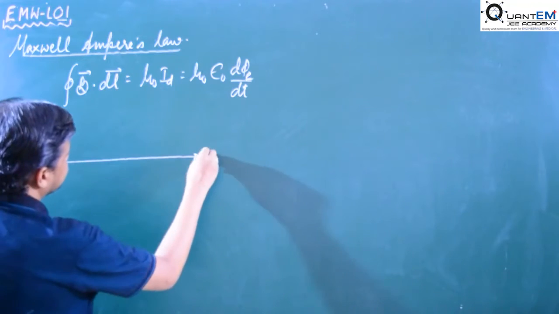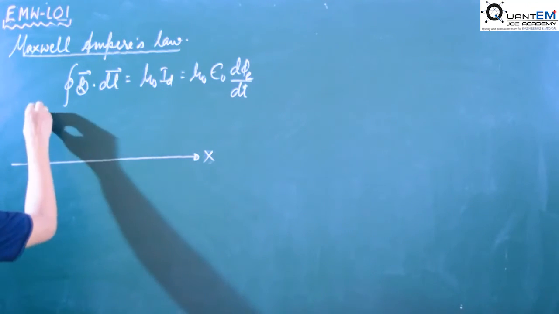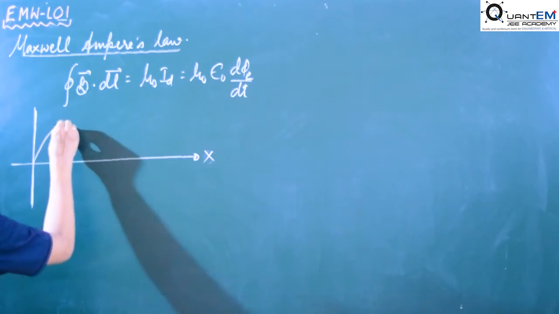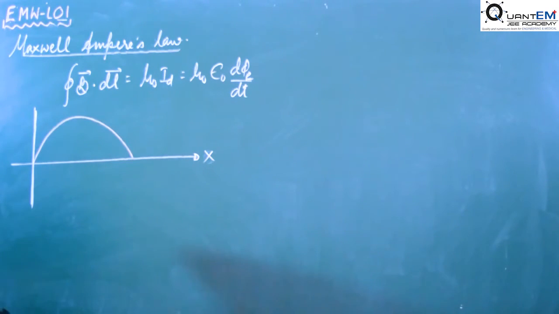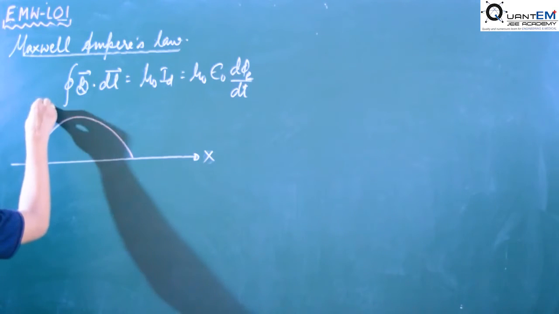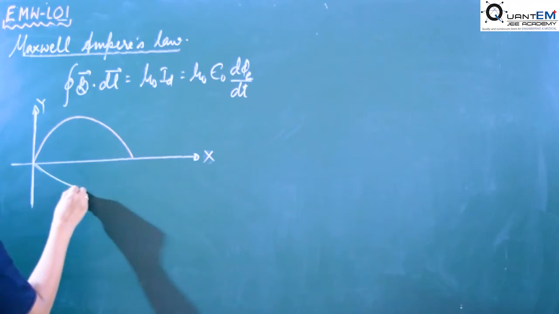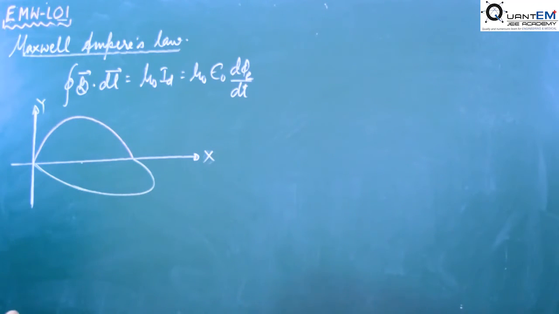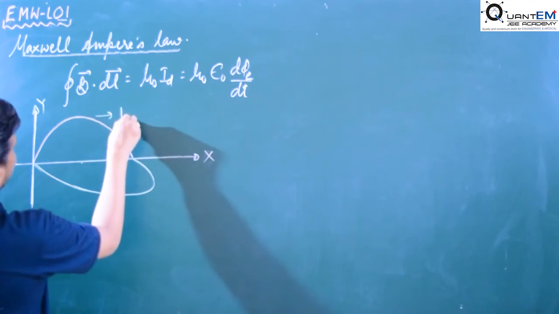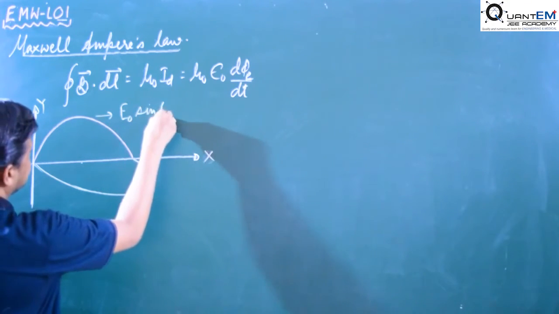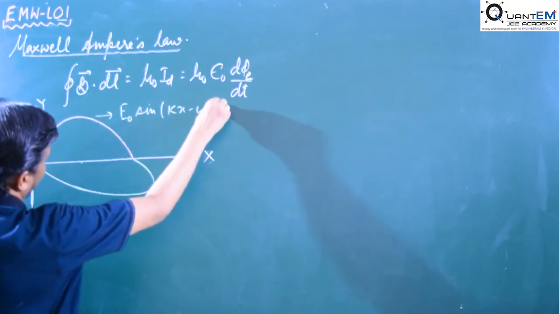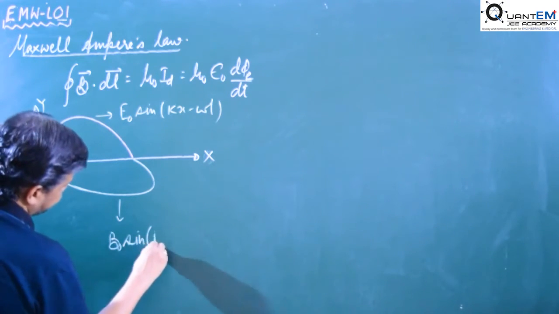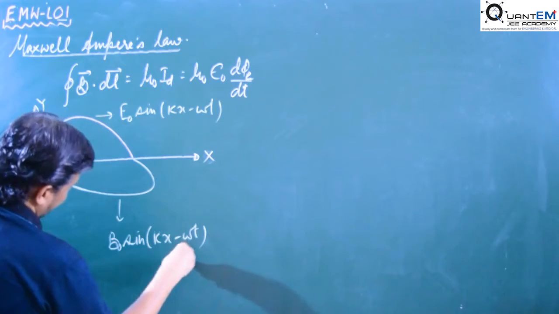along the x coordinate, direction of propagation of light, and along the y coordinate we have electric field, one loop we considered, and it is y positive, and this one is what, the magnetic field, okay. So electric wave we have E naught sine kx minus omega t, and magnetic we have B naught sine kx minus omega t.